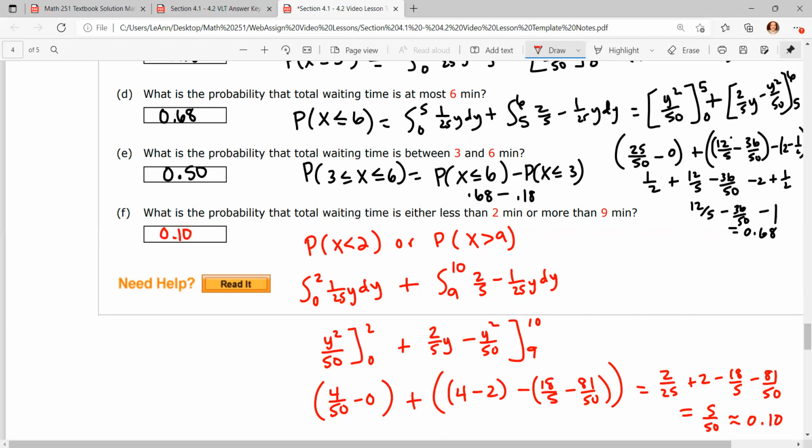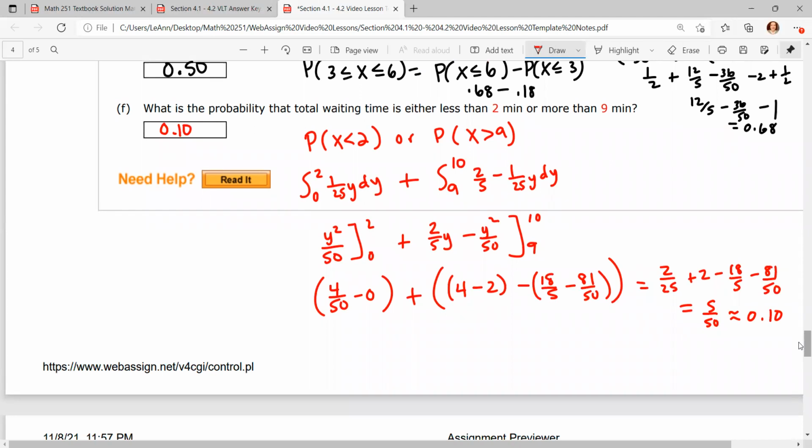Now, before I move on to the next problem, it was hard to find a really good one in WebAssign that showed you how to go. We had this in the discrete cases where we went from our probability function to the cumulative function. We went from, okay, here's how the function relates to probabilities, and then we said, okay, now this is the cumulative one, which helps us with calculations.